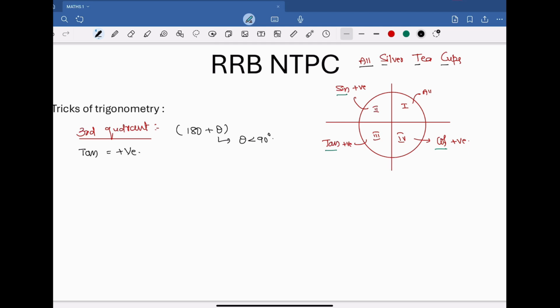I am talking about the third quadrant. Now, if you take theta as 30 degrees, then in the third quadrant we have to find sin 180 plus 30. That is equal to sin 210. Agreed? Sin 180 plus 30 is minus sin 30.